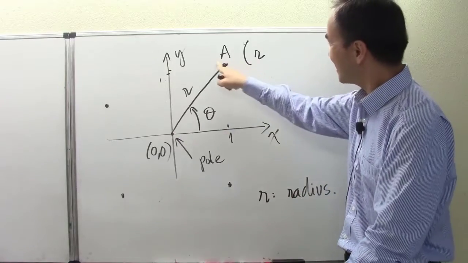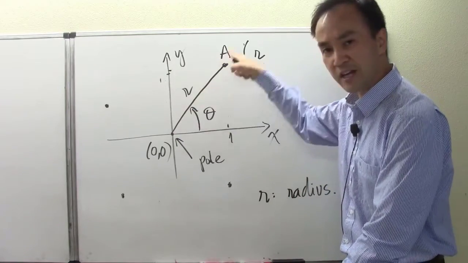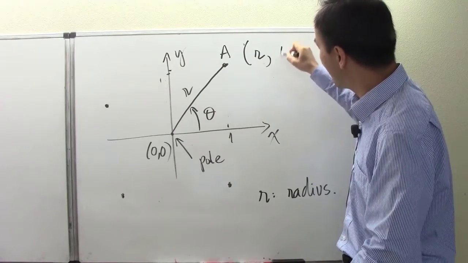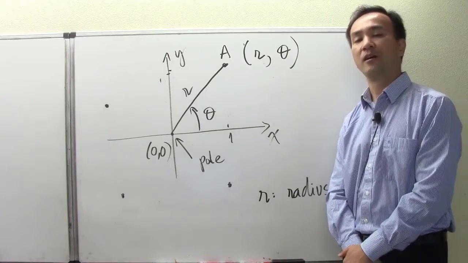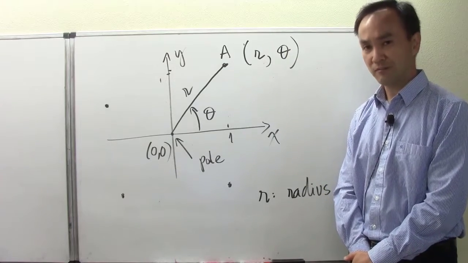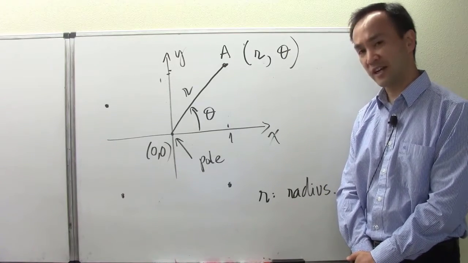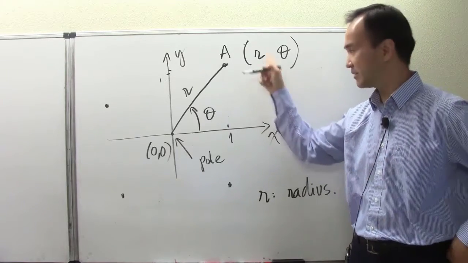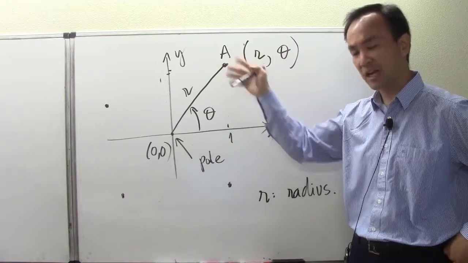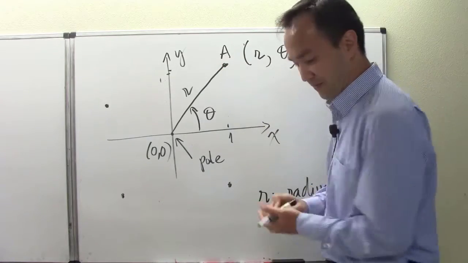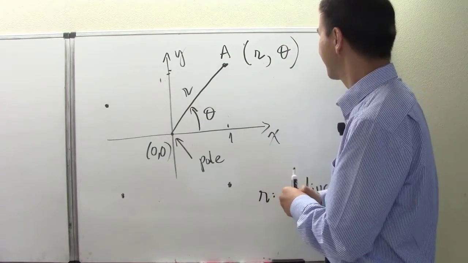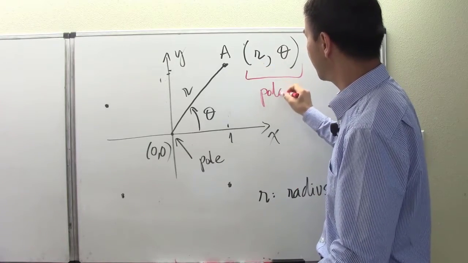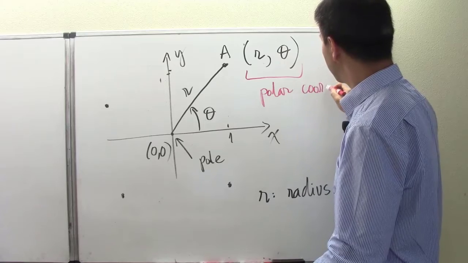At some radius r, with angle theta. So welcome aboard, ladies and gentlemen. You are now looking at the polar coordinates representation of this same point. This is what we refer to as the polar coordinates.